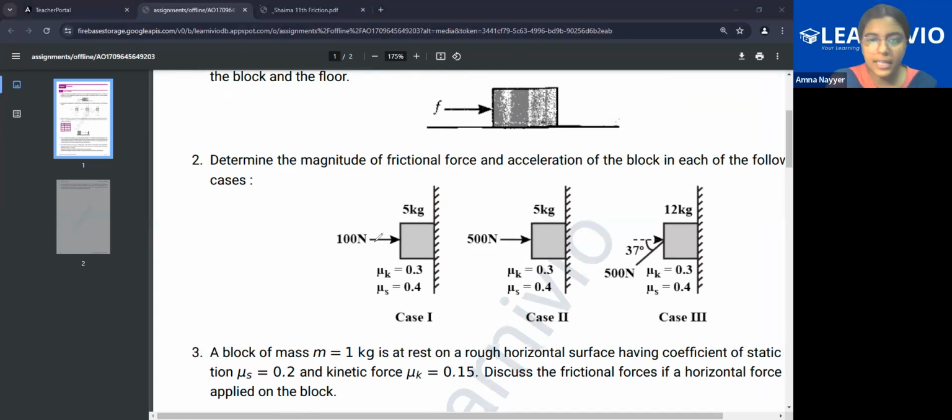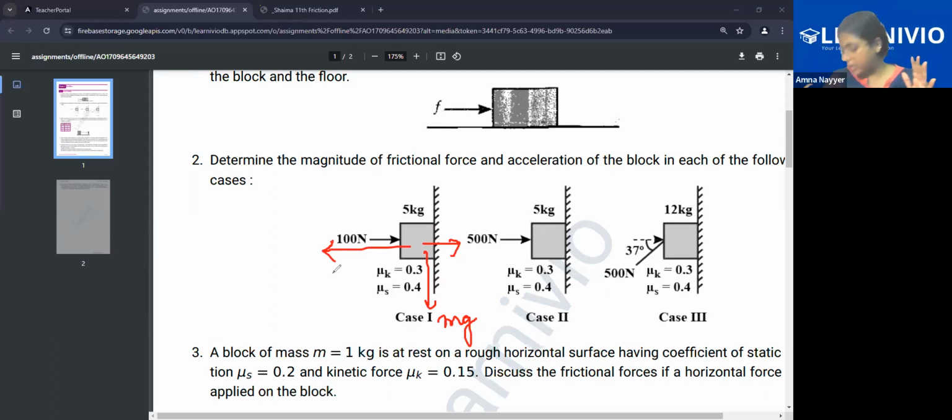Okay. See, this is the force which is coming here, right? Downwards we have mg. And since this is in contact, this force is coming away from the body.